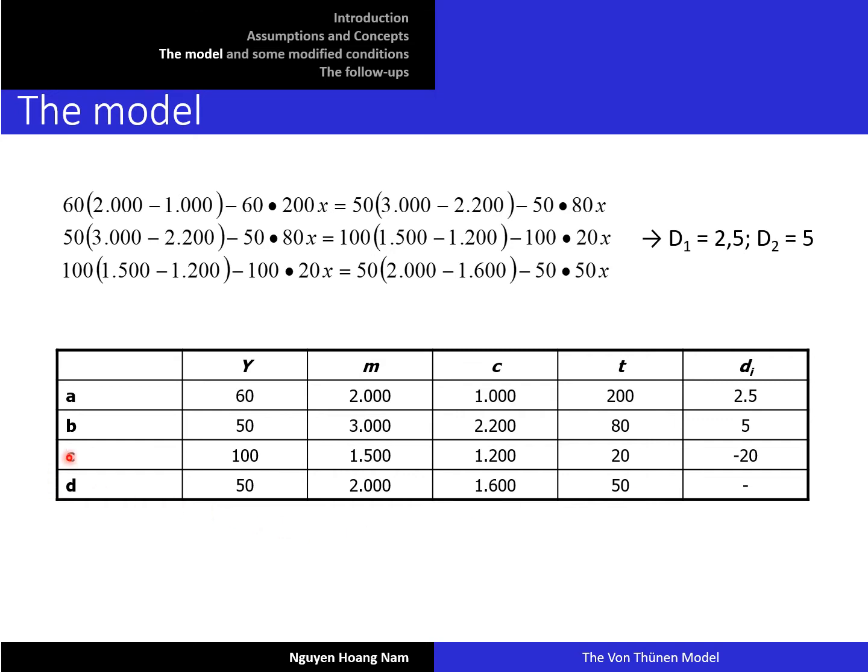So instead of looking for the intersection between B and C, we actually have to look for the intersection between B and D. And we haven't been able to find the intersection here because we didn't put this formula here.